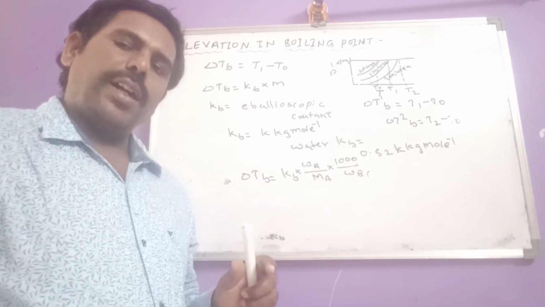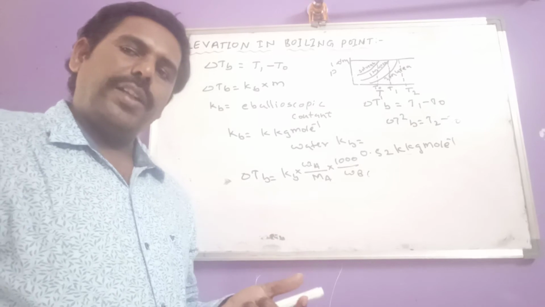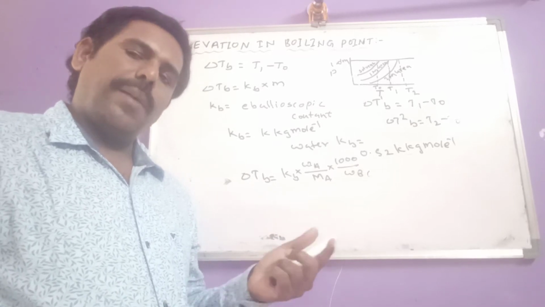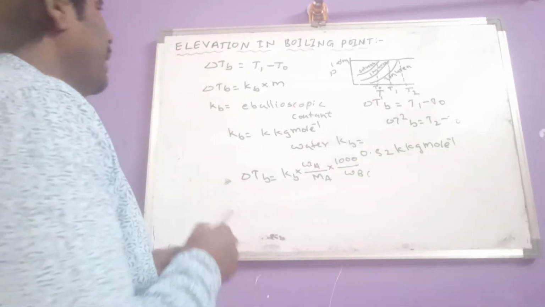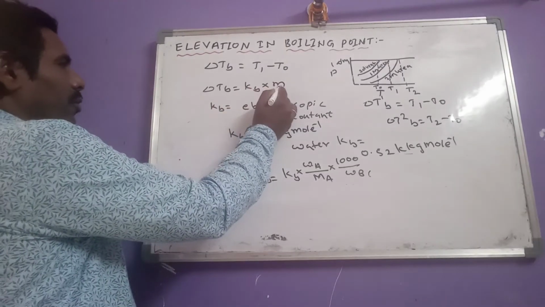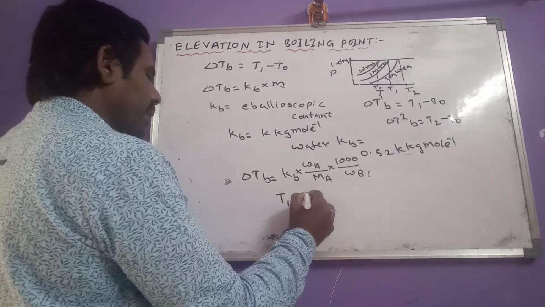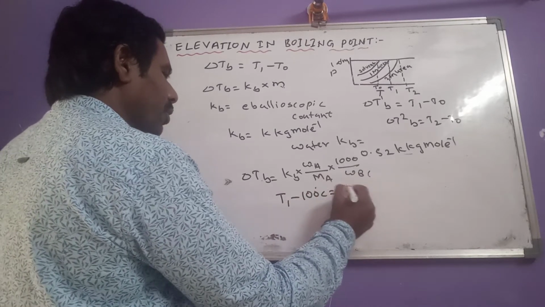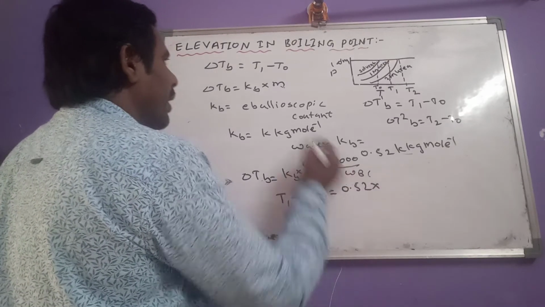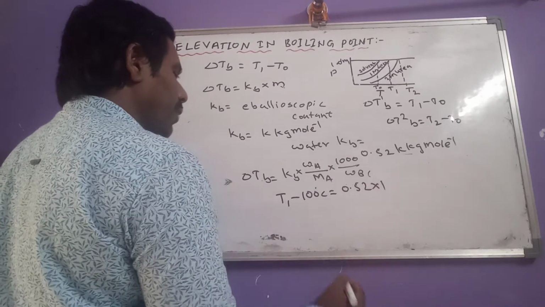Of course, for water the Kb value is 0.52 Kelvin kilogram per mole. So now, as a 1 molal solution is given in the question, T1 minus 100 degrees centigrade equals 0.52 into 1 molal, which is 1.